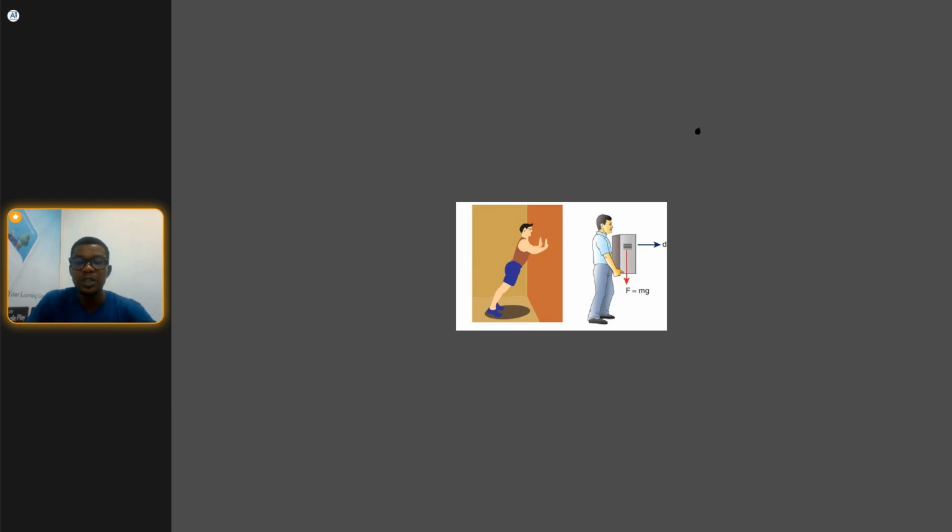Okay, so this picture here we are going to use to introduce what we mean by work. For work to be done in physics, there are some things that need to be considered. Now let's look at this man standing here. This man we have here is pushing the wall, and of course the wall is fixed.